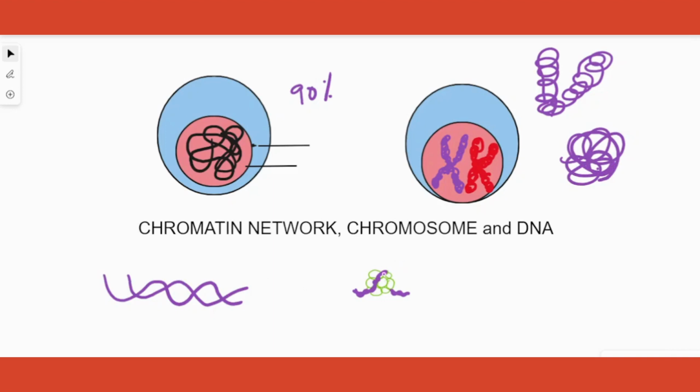That round structure is called protein. These proteins are called histone proteins. What are they called? Histone proteins. And the structure where DNA is wound around histone protein is called a nucleosome.